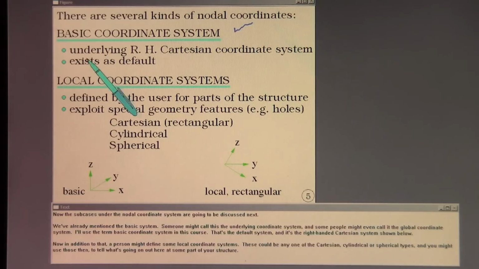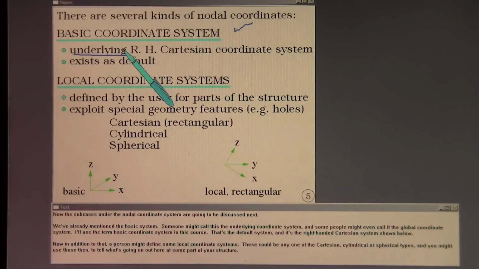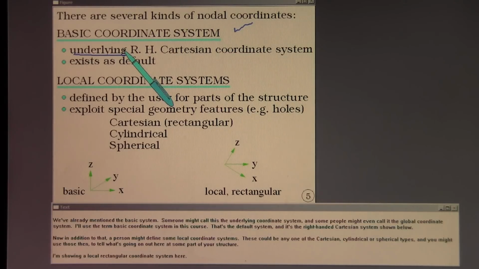Someone might call this the underlying coordinate system, and some people might even call it the global coordinate system. I'll use the term basic coordinate system in this course. That's the default system, and it's the right-handed Cartesian system shown below.